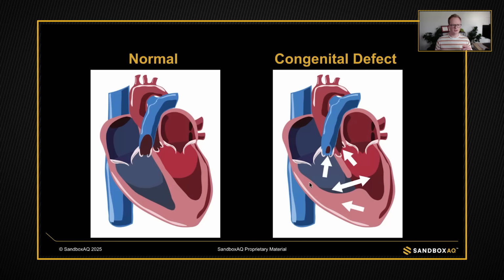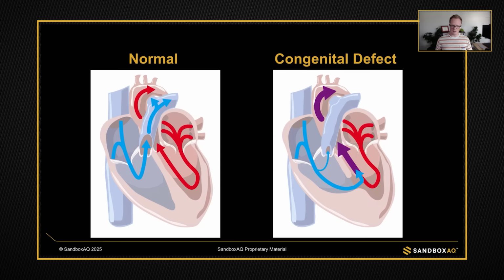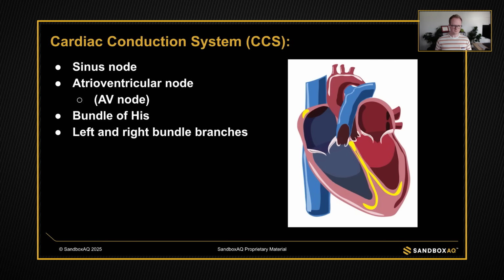We've got smaller vessels, we've got different valves, we've got a hole between the 2 ventricles, which allows blood to mix, which shouldn't be mixing, some thickening of the walls. Anyway, there's a bunch of changes which affect the functioning of the heart and subsequently affect the flow and how efficiently you can get the blood that you need either to your lungs or to the rest of your body. Causes all sorts of problems.